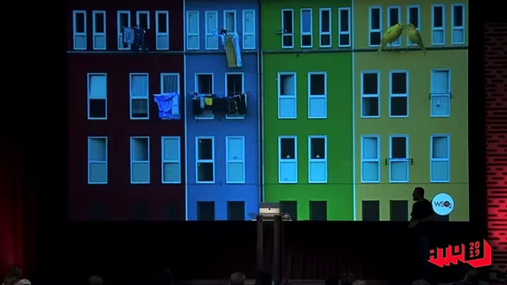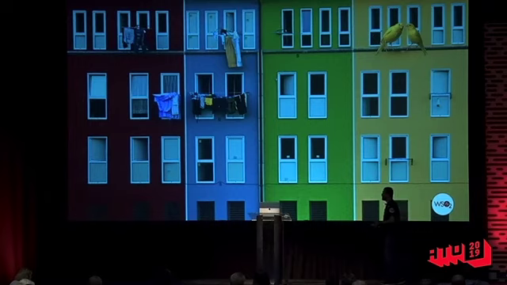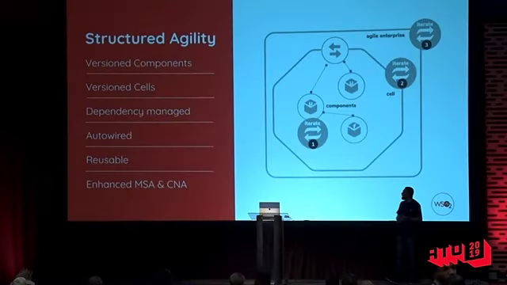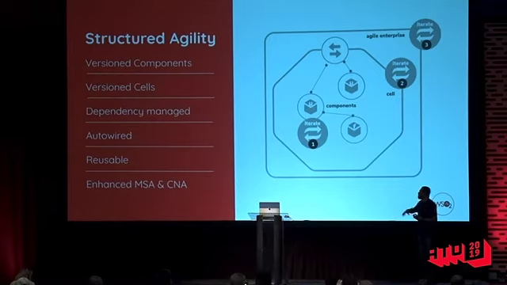So that will help to do blue-green deployments, rainbow deployments, as well as canary deployments, because you have the cell version as well as the component versions in this pattern. That creates what we call structured agility, because the components have their own version.